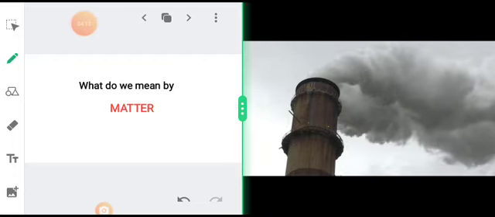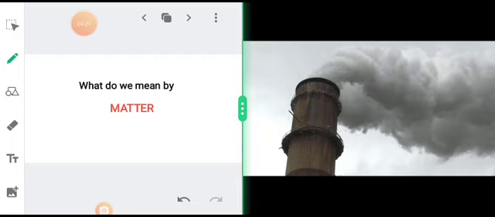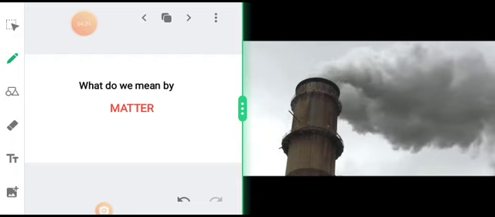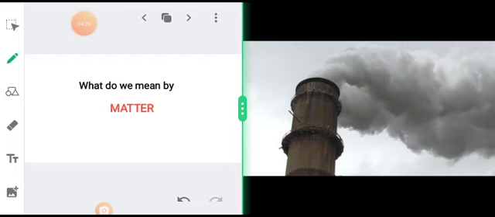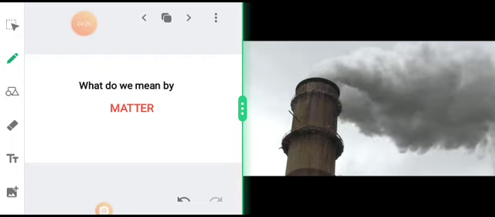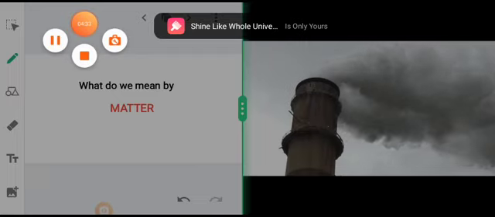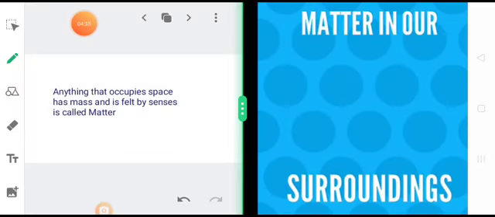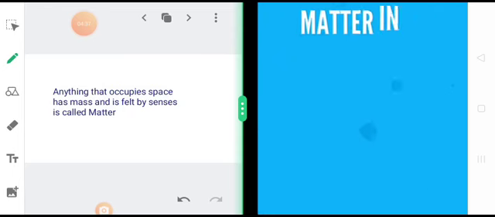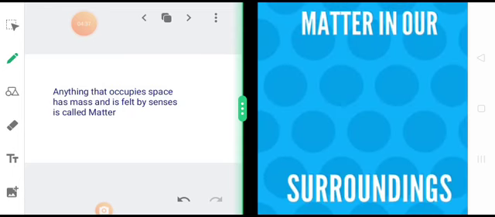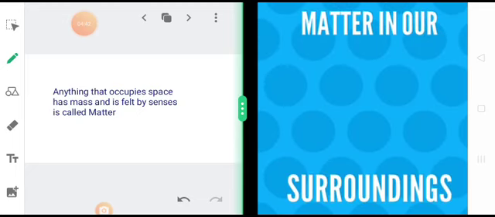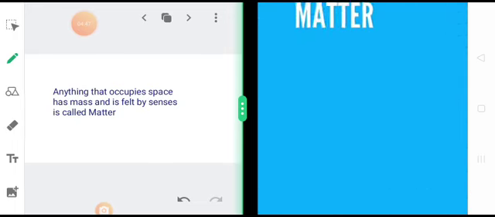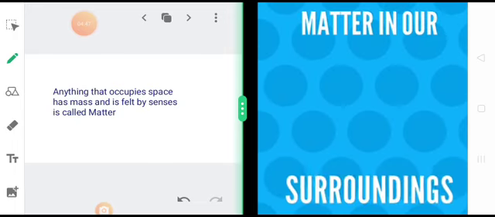And obviously, air fills up so much space, like air is filling up our entire room. So, any form of matter has these three basic properties. Now, we can define matter as anything that occupies space, has mass, and is felt by senses is called matter. I repeat once again, anything that occupies space, has mass, and is felt by senses is called matter.